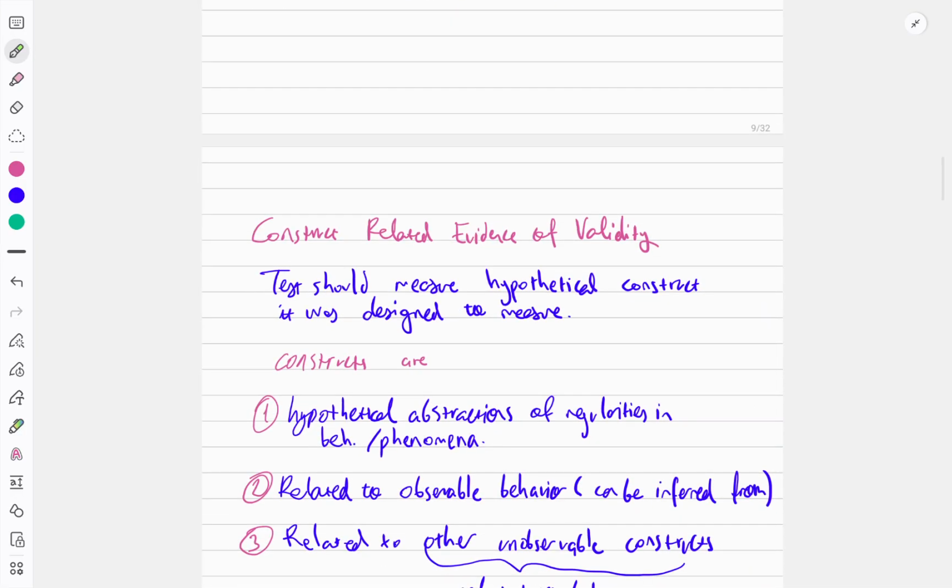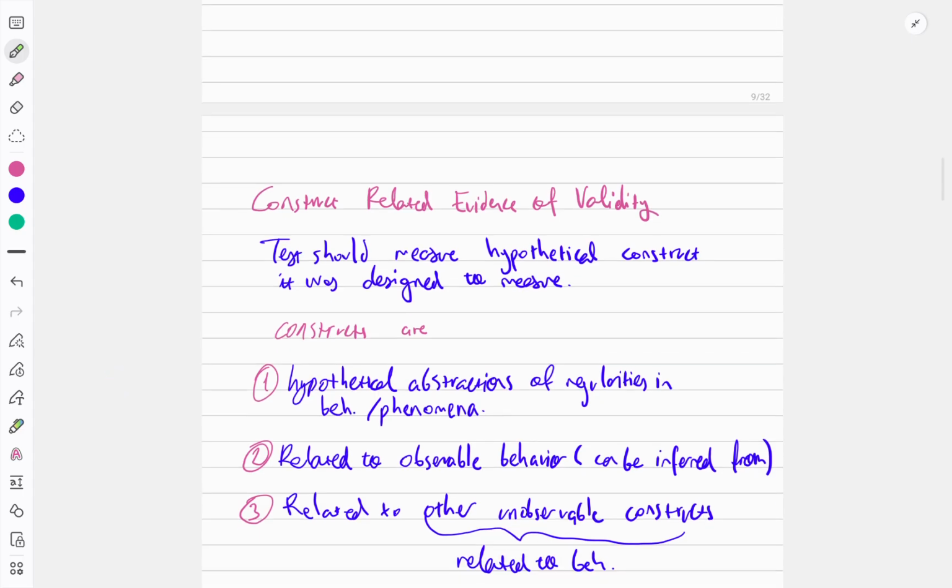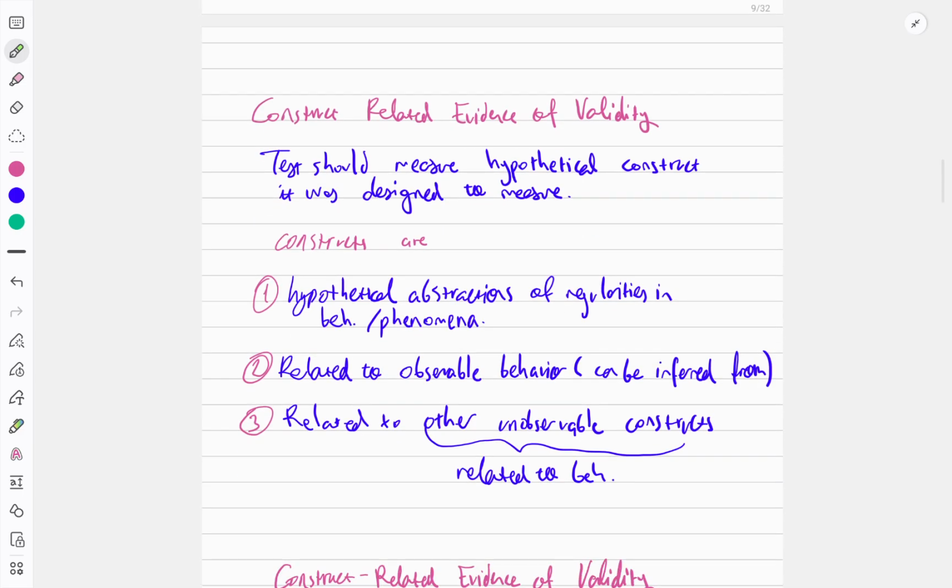Now it gets more detailed, I feel, with construct related evidence of validity. This is about a test measuring a hypothetical construct the way it was designed to measure. Is it measuring the hypothetical construct the way it's designed to measure? What is a construct? We need to know that first.